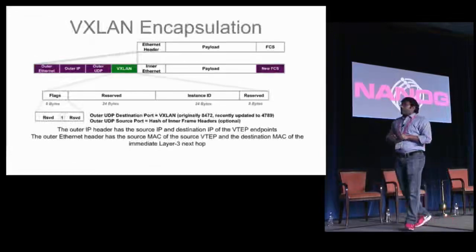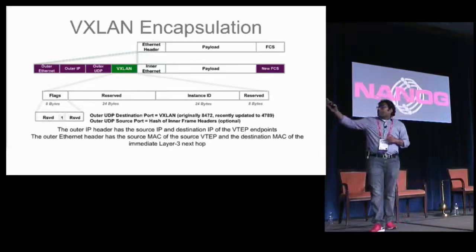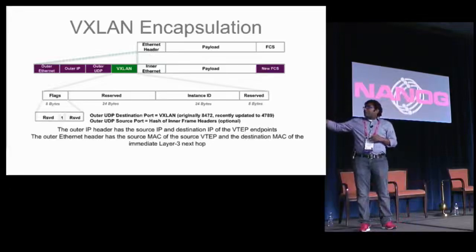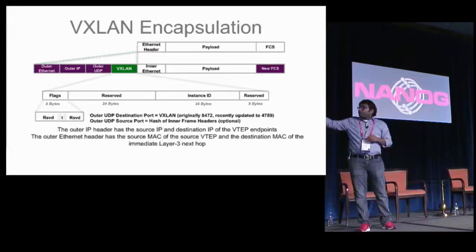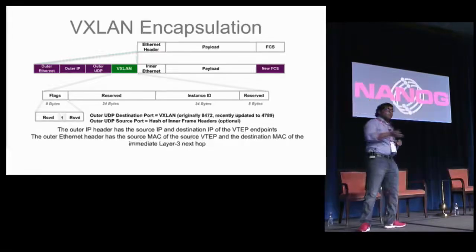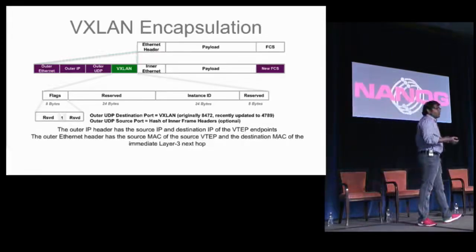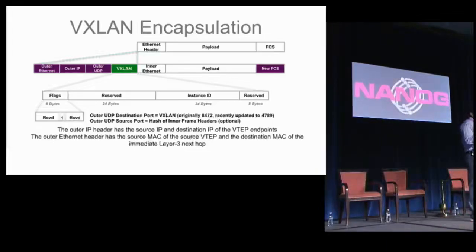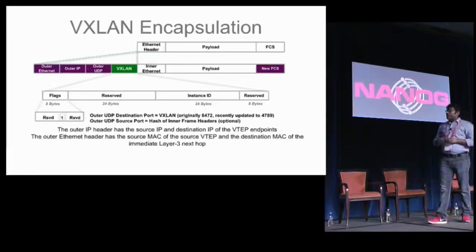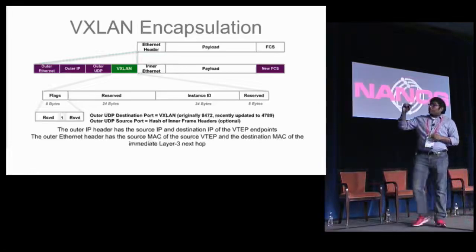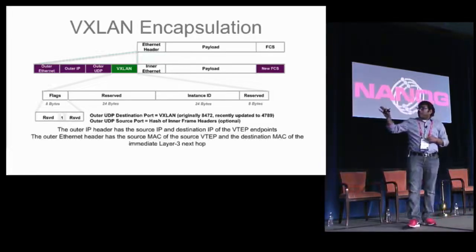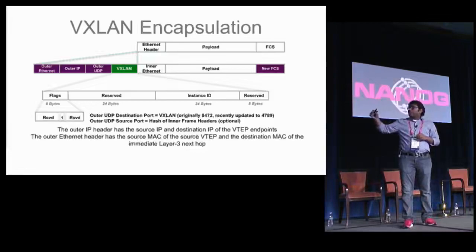This is how the encapsulation looks. You have your regular Ethernet header. On top of that, you add a VxLAN header and your external IP header, where you have the outer Ethernet, outer IP address, and your UDP port. Your UDP port is static for VxLAN, which is right now port number 4789. Your VxLAN header also has the instance ID, reserved bits, and flags.